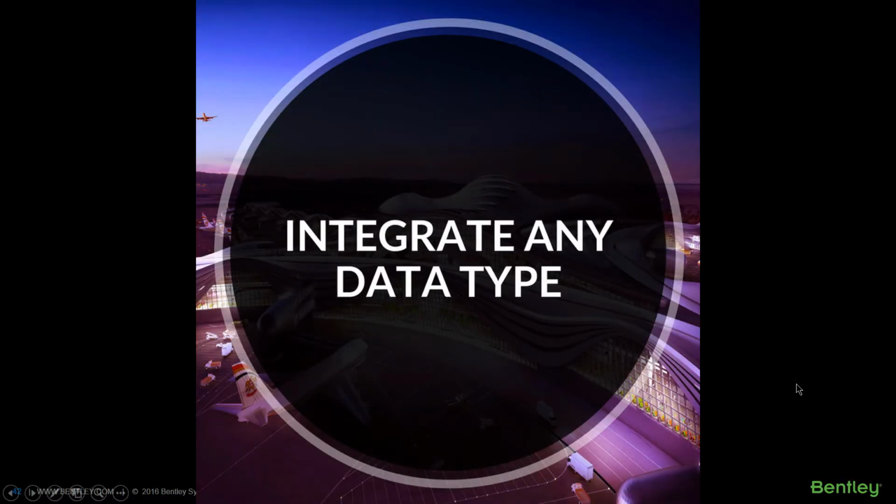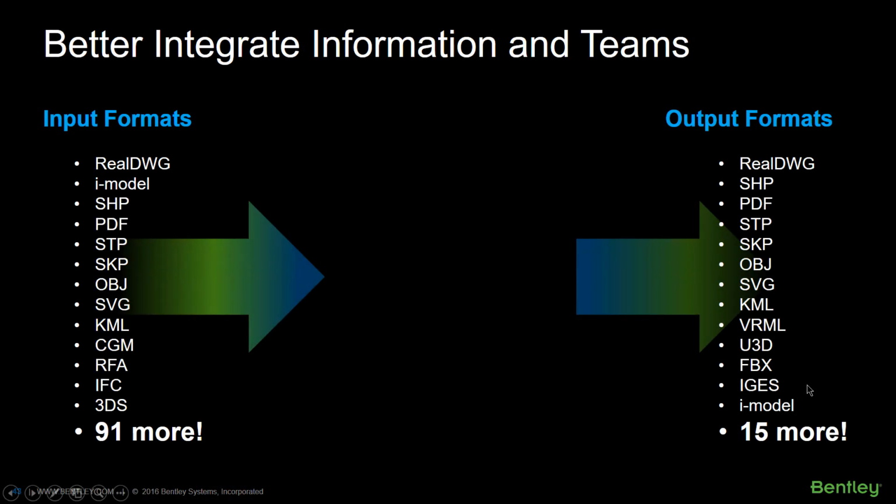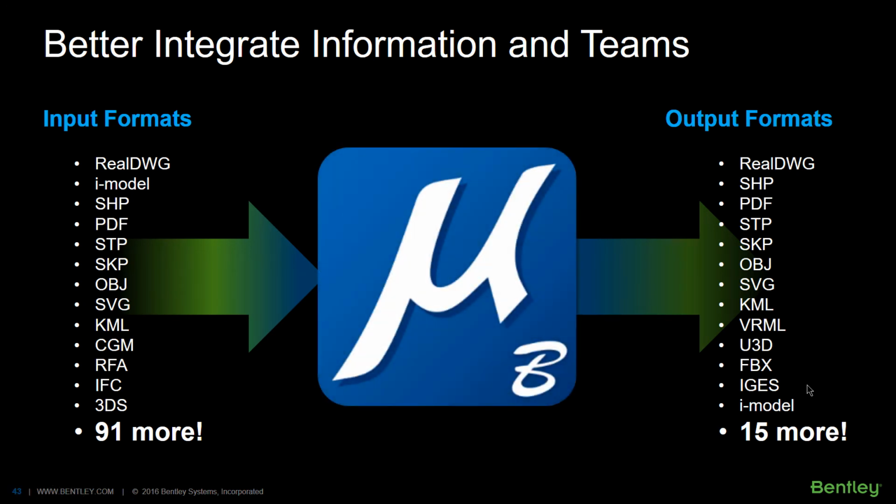All right, getting close to the top of the hour here, but one of the big issues, of course, is integration of formats and versions. In a large project, you can have several file formats, and several versions of those file formats, potentially to deal with. And one of the great things about MicroStation and MicroStation Connect Edition is that it is the universal translator.